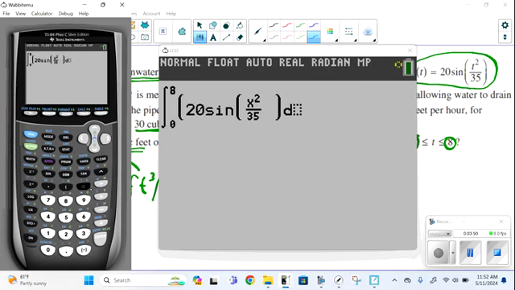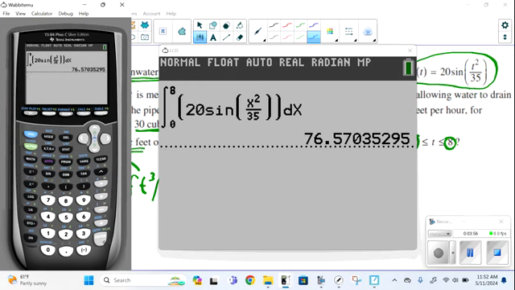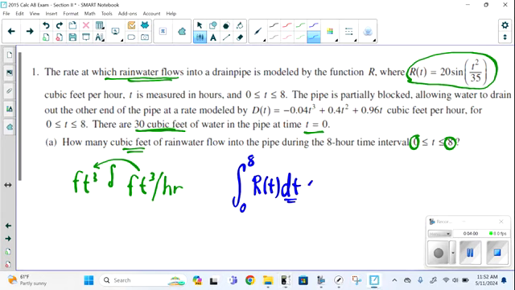I'm going to close off that parenthesis, include my dummy variable, and my answer is 76.570. So that is approximately 76.570. You don't have to put cubic feet. It's not telling you to put a label. So we will just leave it like that. And 1A is done.